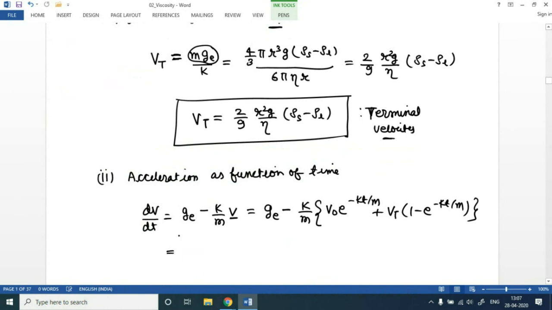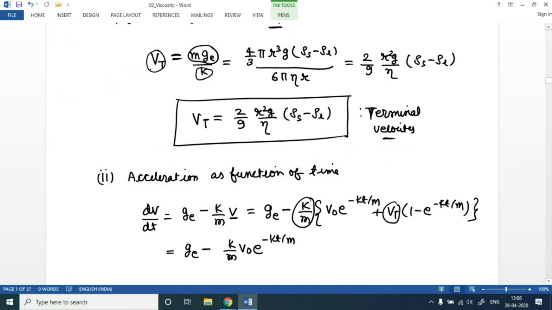Solving this, we will be getting g effective minus k by m into v naught into e to the power minus kt by m. And now you must realize this multiplied with this quantity vt. Looking at the expression, k times vt over here is nothing but mg effective.